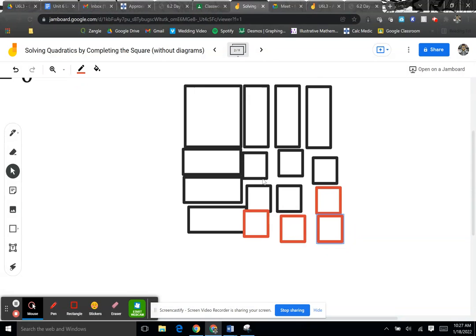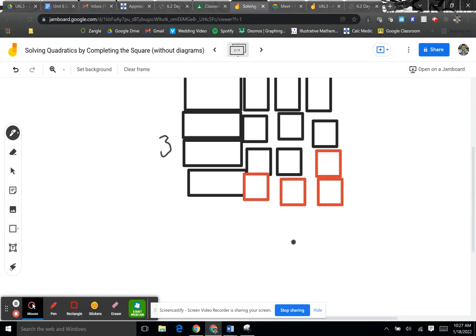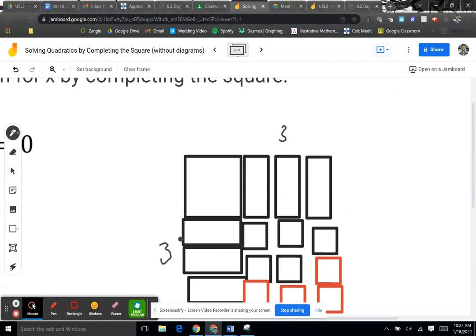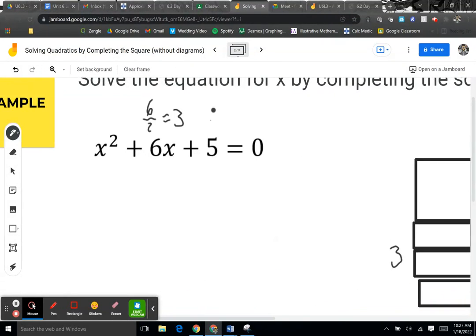The number of squares here to complete the square would be 9. That seems like we're taking this number 3 from right here, and we're just squaring it. So this area right here is 3 squared. So over here we take this number 3 and we square it. And that gives us 9.